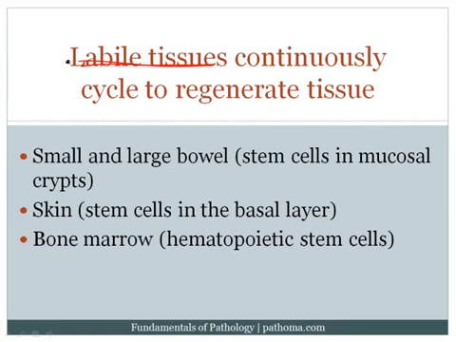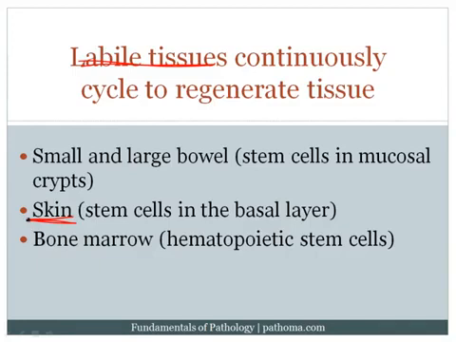So for example, let's just take the skin. If you were to get a paper cut, and you were to look for the paper cut 2 years later, you wouldn't be able to find it. In fact, you wouldn't be able to find it a couple days later. You wouldn't even remember it a week later. That's because you knock out the superficial layer of the epithelium, but you have stem cells, called basal cells, which have the ability to regenerate the tissue completely.